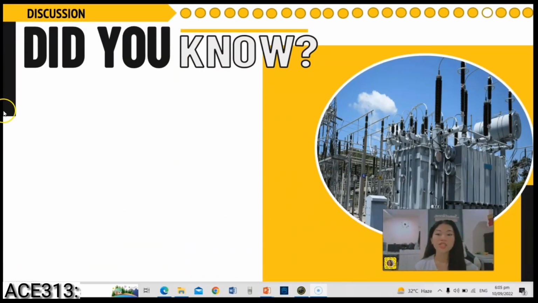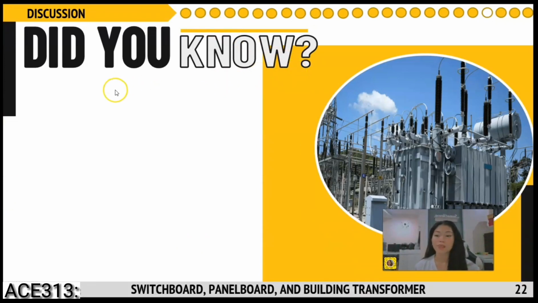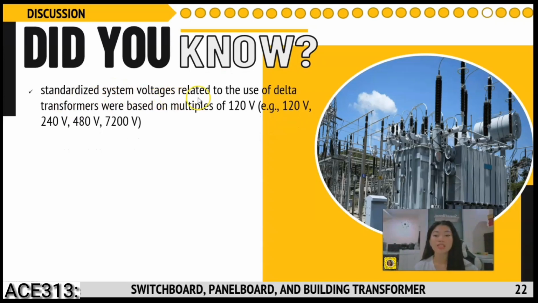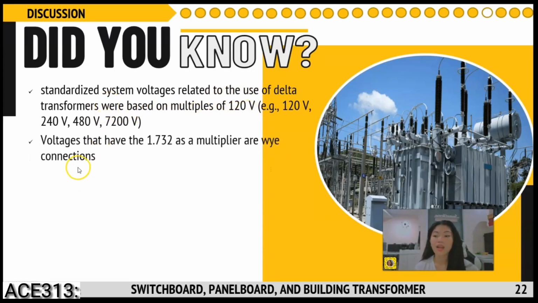So, in additional information about building transformers, did you know that standardized system voltages related to the use of delta transformers were based on multiples of 120 volts. Second, voltages that have 1.732 as a multiplier are Y connections.